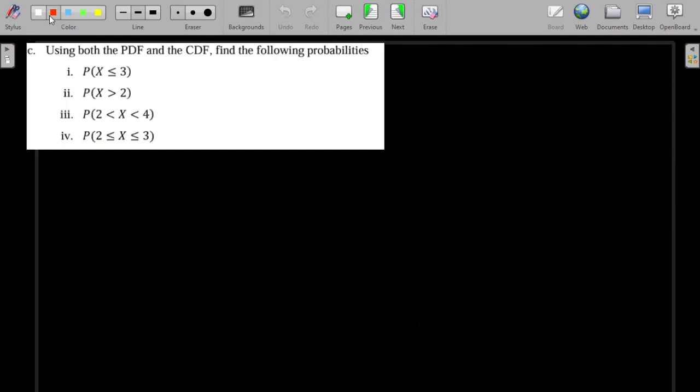Next question, we're finding probabilities. They're saying using both the CDF and the PDF, find the following probabilities. Okay, so I'm going to use both, and then you're going to see that one of them is very simple.